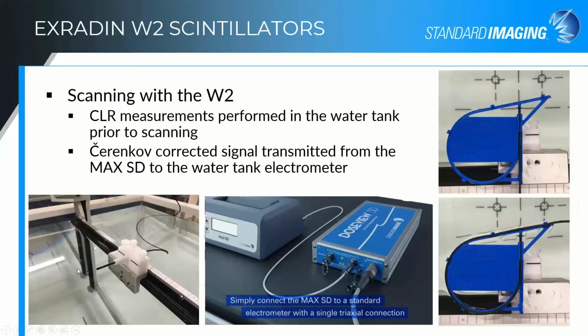So what that looks like is you put the fiber here. We have an adapter sleeve so that it can be used in a standard chamber holder with anybody's water tank, not just ours, but this is our DoseView 3D tank. The fiber then comes off the back, outside the water tank, and is plugged into the Max SD. Output of the Max SD goes straight into your water tank scanning electrometer, and you collect data just as you would with any other detector.